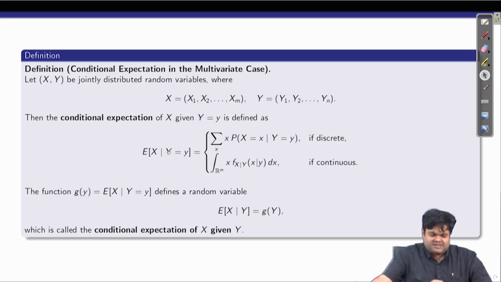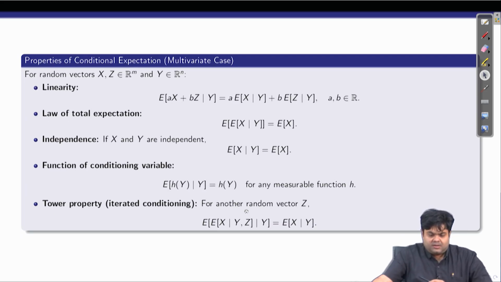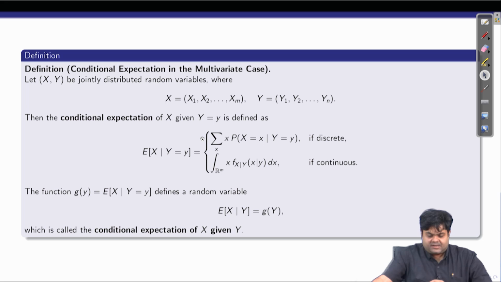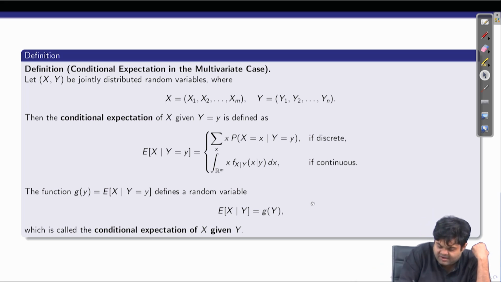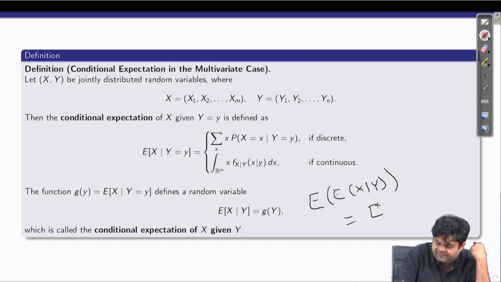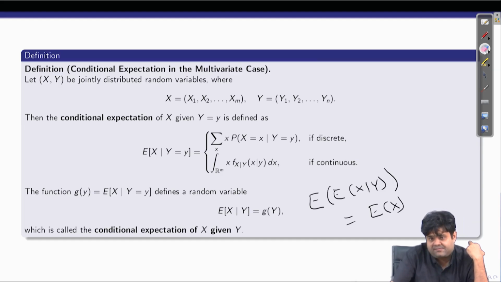That value depends on the value of y, so it becomes a function of y. We saw with the iterated formula that the expected value of the conditional expectation of x given y is the expected value of x. We used this heavily when discussing bias, variance, etc.